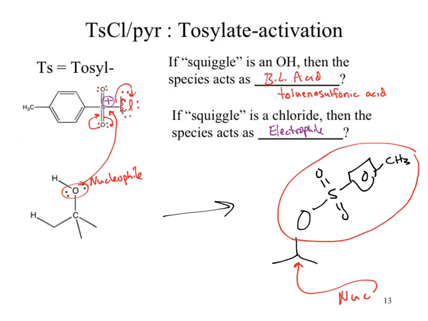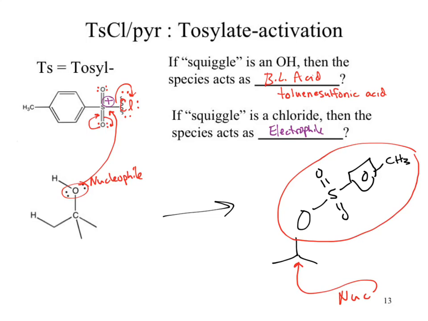What is that nucleophile? It could be chloride. More than likely it's not. The thing that's nice about our tosyl chloride reagent is that the chloride is in there in relatively low concentrations. So we could add in another nucleophile to go through and kick out our leaving group. Kind of makes sense?